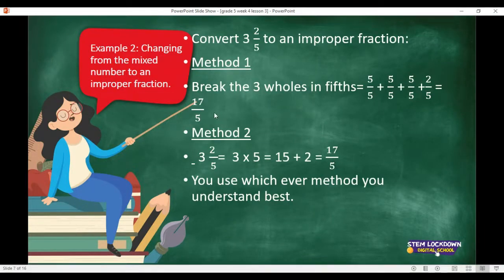As you can see, it agrees with me here. So you use whichever method you understand best. After you have explored those methods, you use the one that you understand the best, and your teacher is going to mark things right for you.